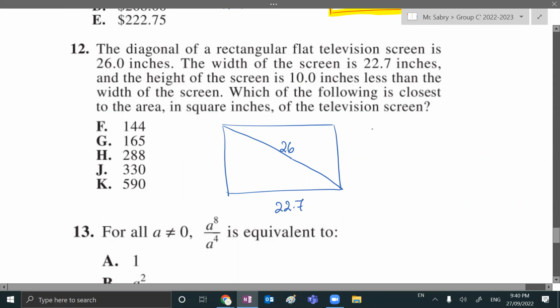So then 10 inches less than the width, and this means it's actually 10 less than 22.7, then this means it's 12.7. Which of the following is closest to the area of the television? So the area of the television is just mainly based on that, it's a rectangle. So 22.7 multiplied by 12.7.